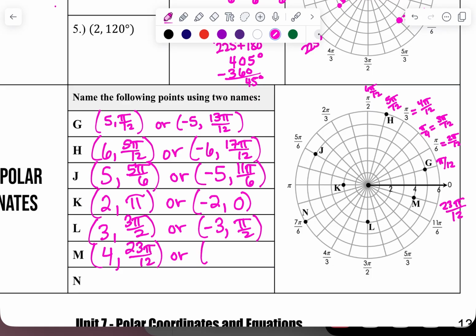Or if we make it in terms of negative, so if I subtract pi from that, that'd be 12 pi over 12. So we'll get 11 pi over 12. It'd be over here at the fork, so it would be right there. And then negative would send us over there.